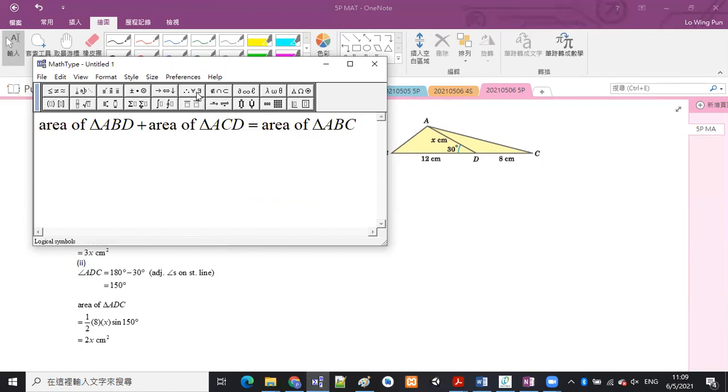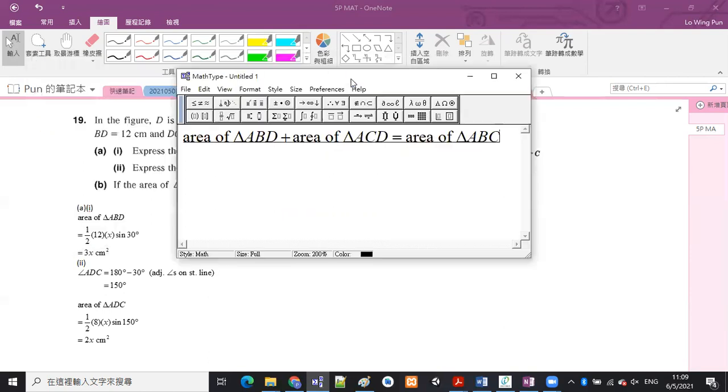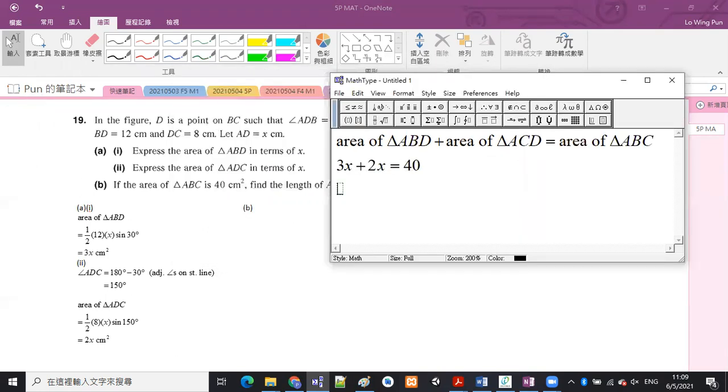And then the area of triangle ABD is 3x. Area of triangle ADC is 2x. And then ABC is the given number, that is 40. So I'm using this relationship to set up this equation involving the unknown x. So 5x is equal to 40, which means that x should be equal to 8.